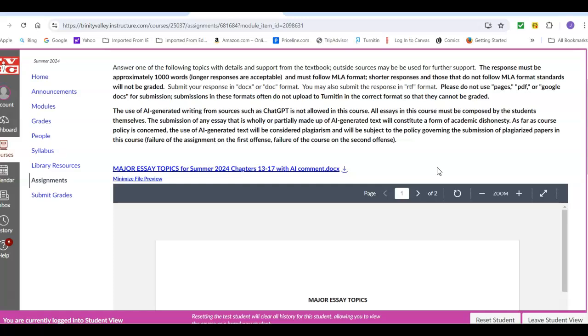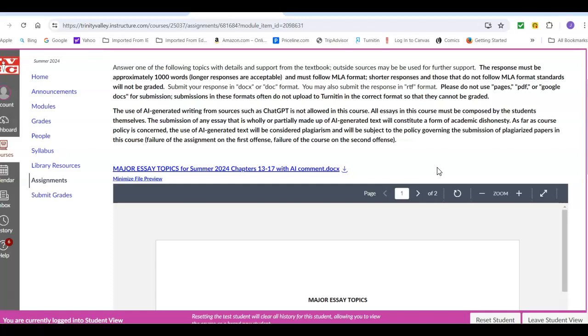That is not allowed. Instead, it is regarded as a form of academic dishonesty in the same area as plagiarism. And the policy for plagiarism is that it's failure for the first assignment for the first offense, and then failure of the course for subsequent offenses, which you typically don't have to worry about, since we're only writing the one essay for this summer.